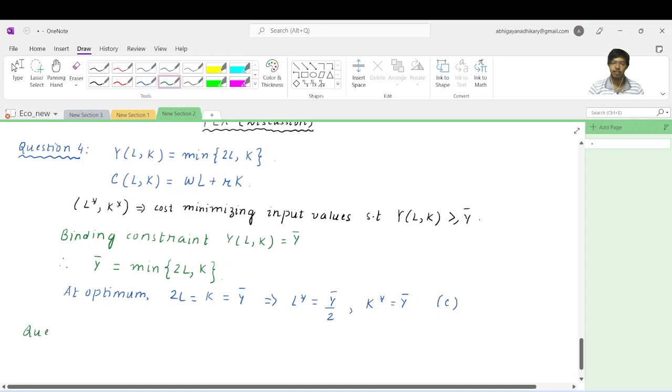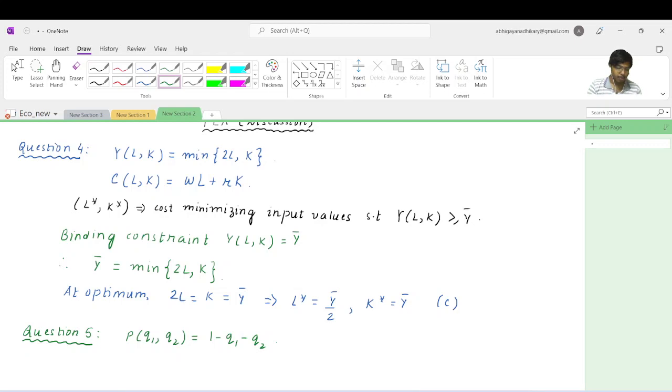Question number 5. This is a question from Purno. Heterogeneous costs have been mentioned. So we basically have two firms, 1 and 2, producing the same good. The inverse demand function is P of Q1 comma Q2 equals 1 minus Q1 minus Q2. Firm 1 produces Q1, firm 2 produces Q2.